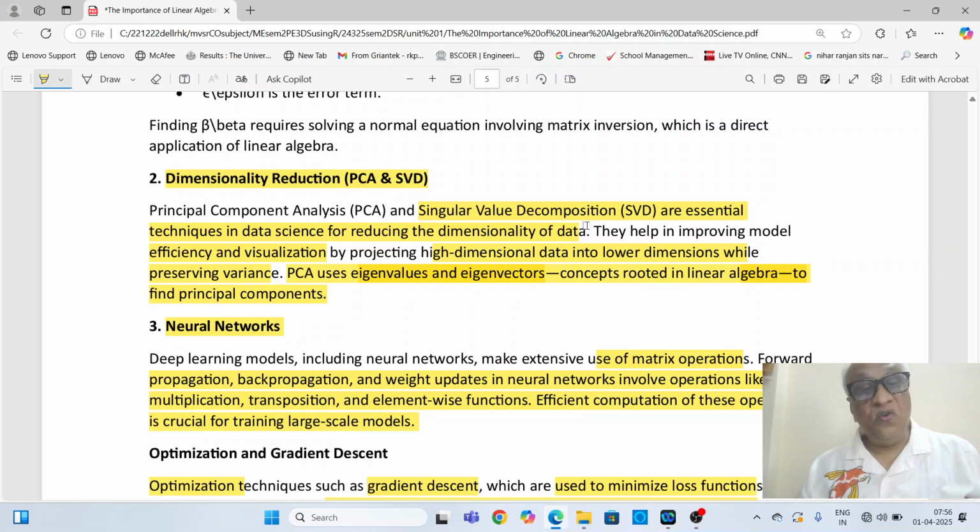But for doing this, for principal components, you need to make use of eigenvalues and eigenvectors. And what are eigenvalues and eigenvectors? They are again derived from matrices, and matrices come from linear algebra. So there is a dependency on linear algebra for principal component creation or dimensionality reduction.